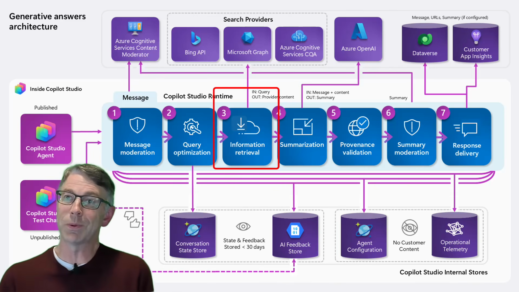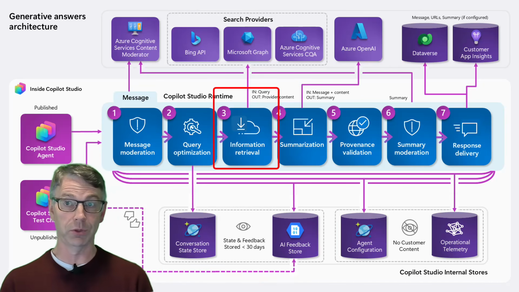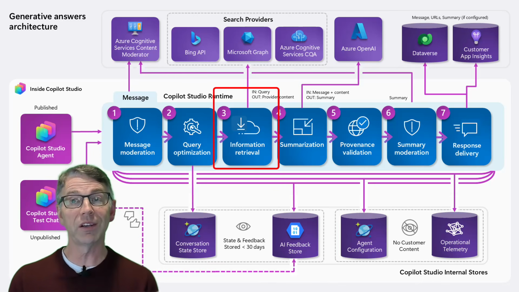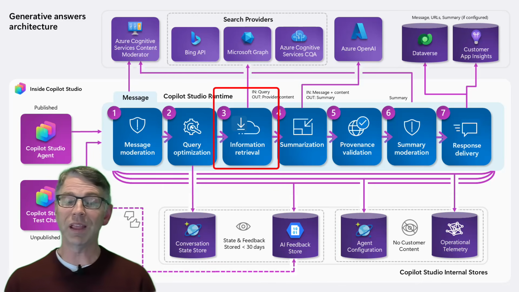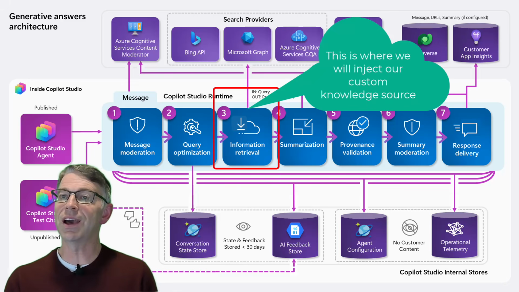It only supports lexical search, so I need to make sure that I'm not passing a full string text query. I need to do keyword searches. I'm going to show you how to do that as well, so that way we can use query optimization and then go against a custom information retrieval stage.